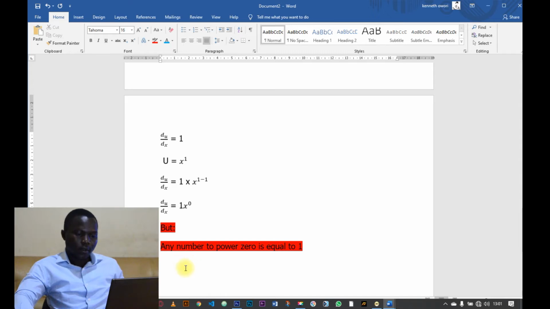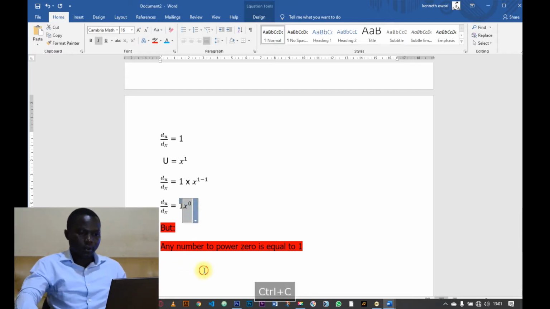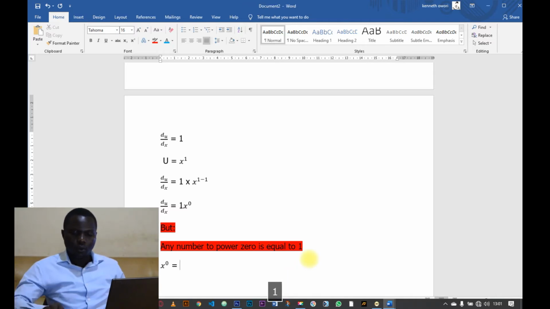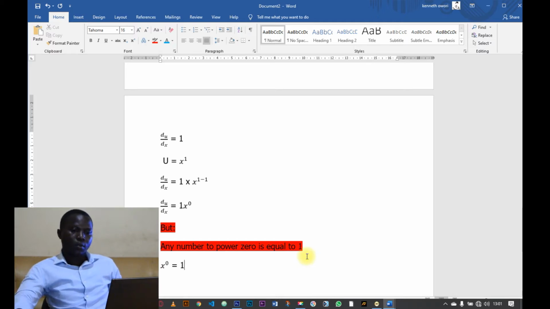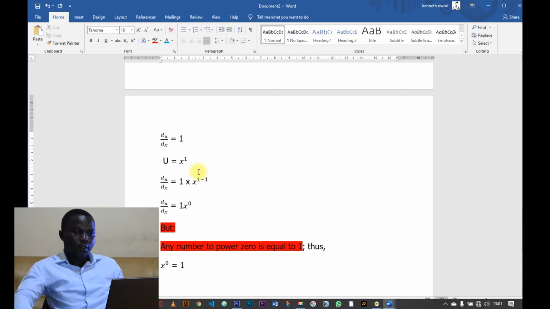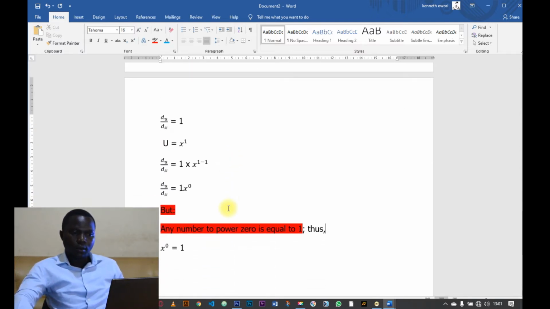That means x power 0 is equal to 1, as we can observe. So that is why when we differentiate u equaling x plus 1, we get a 1.